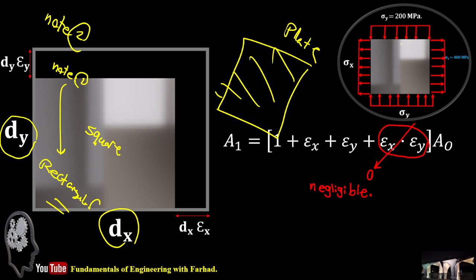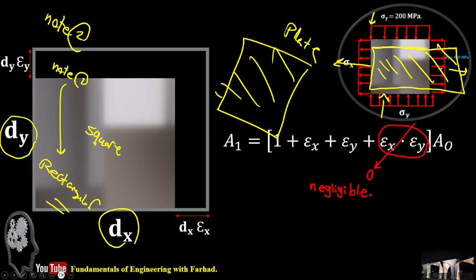The more important note, number 2: by the stresses applied to the sample, we don't know how it deforms. For example, it might shrink from the y sides, or it might have this kind of shape. We don't know the reaction; it depends on the direction. If it pulls the plate from the sides and pushes it from the top and bottom, it can deform like this. But that's not the point.